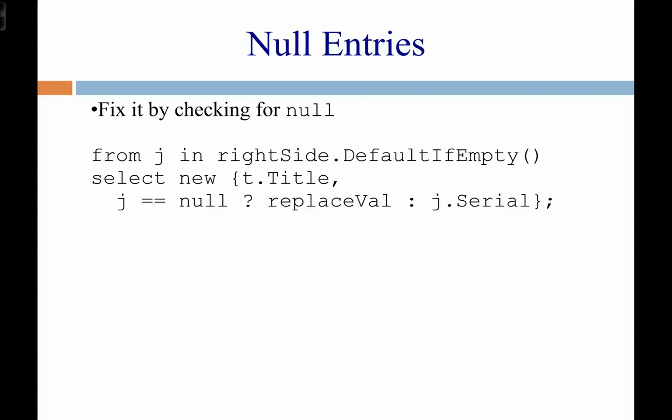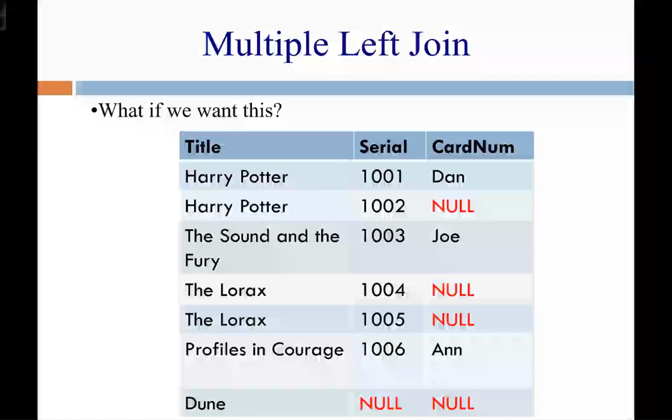If J is null, we replace it with some value, whatever we want. Otherwise, we select J.serial. And this will short circuit, and it will never evaluate J dot if J is null. So this will avoid the null reference exception. And this replace val just has to be anything that matches the right type.